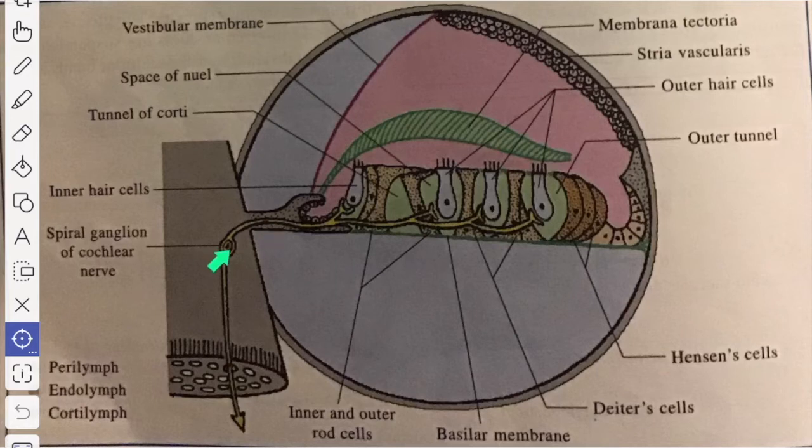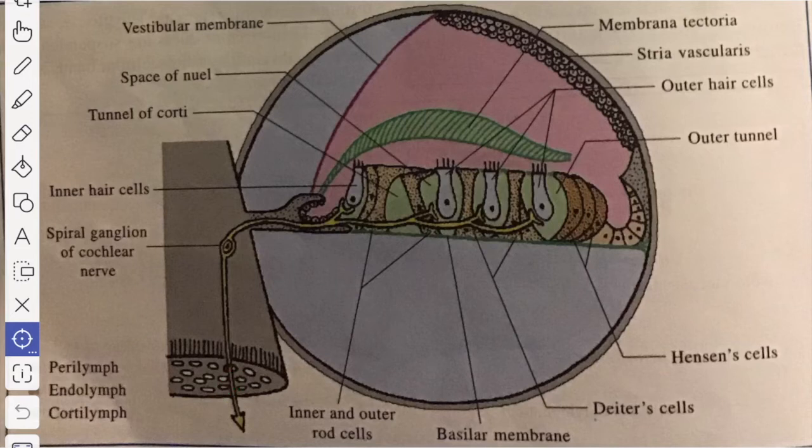Within the modiolus, each fiber ends as the peripheral process of the bipolar spiral ganglion cells. The central process of the bipolar ganglion cell passes through the tractus spiralis foraminosus at the bottom of the internal acoustic meatus and they unite to form the cochlear nerve.